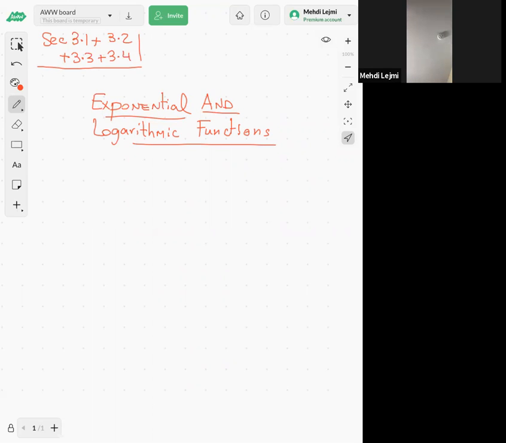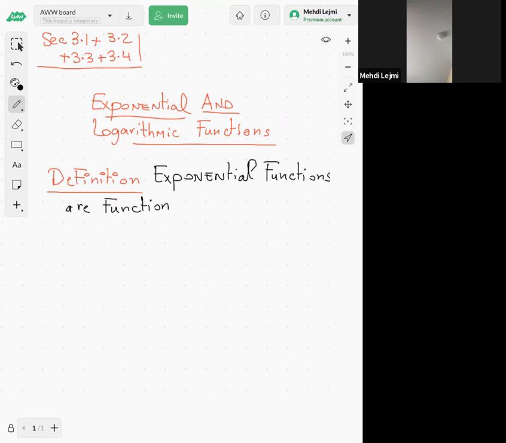Well, an exponential function is just a function of the form a to the power x, where a is a constant. So exponential functions are functions of the form f of x equals a to the power x, right?